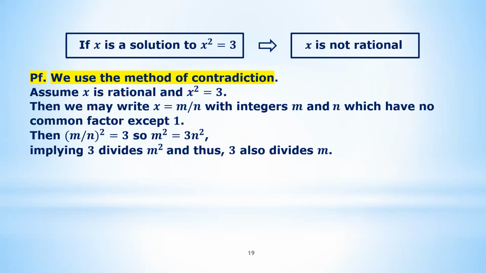And then based on a theorem in 415, if a prime number divides the square of an integer, then this prime number should also divide the integer itself. So 3 divides m, okay? Now, when we say 3 divides m, this means m itself can be written as 3 times k for some integer k. This is what we mean by something divides something, okay?